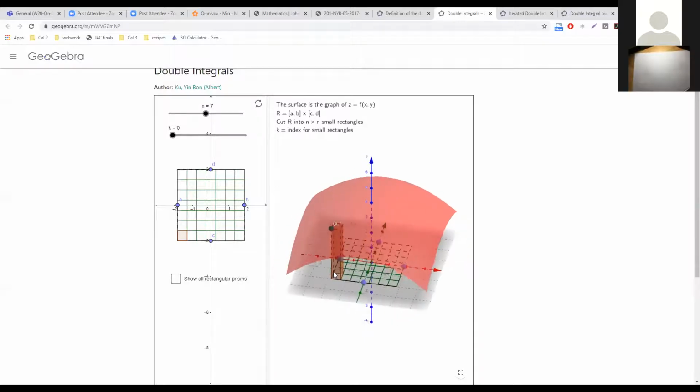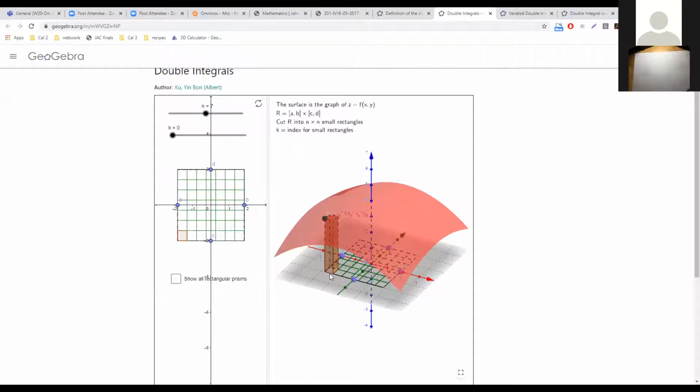Above this small rectangle, I create a box. And the question is, can I evaluate the volume of this box? Well, if I choose a particular point, in this case this point, for each rectangle, then I have the width and the length of the box, and I can calculate it.